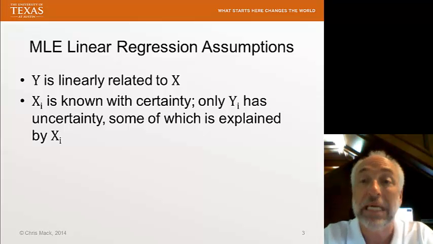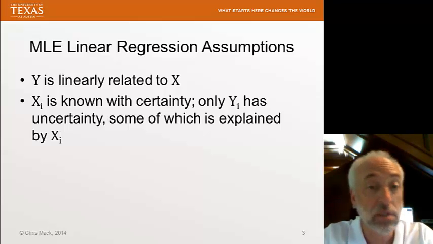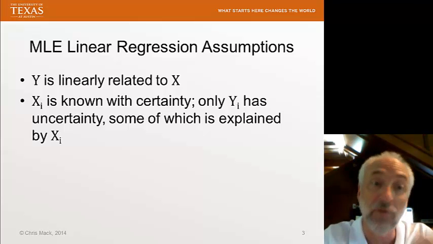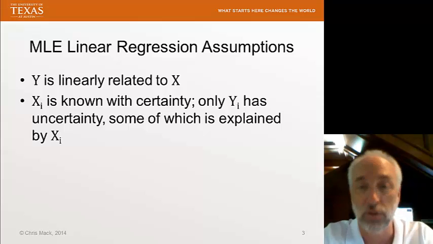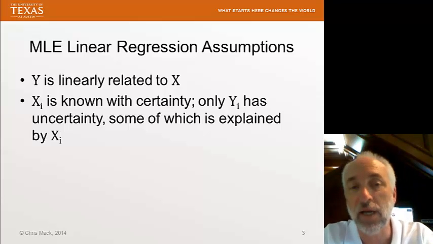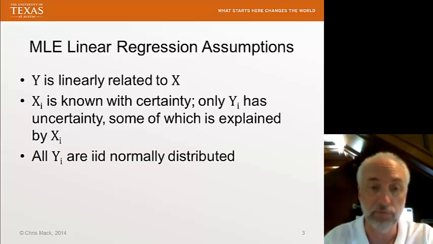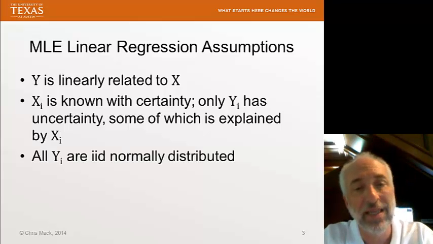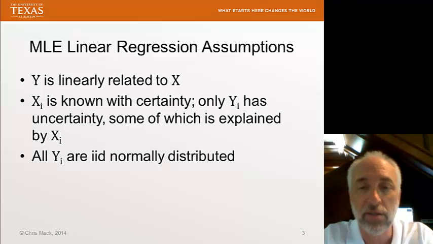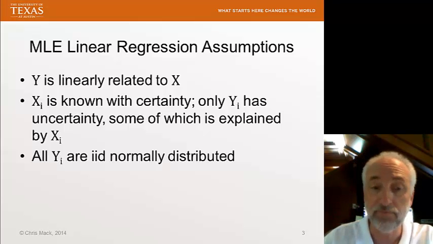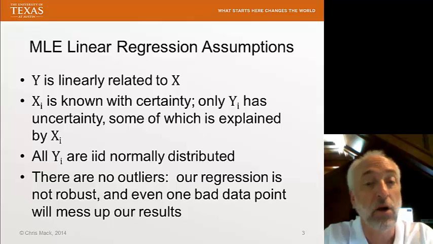That is, only the y data point, yi, has uncertainty, some of which is explained by x, but some of which is left over. That is, some uncertainty in y that comes about from some other source than our linear model. We'll assume that all of the yi are IID normally distributed and that there are no outliers.